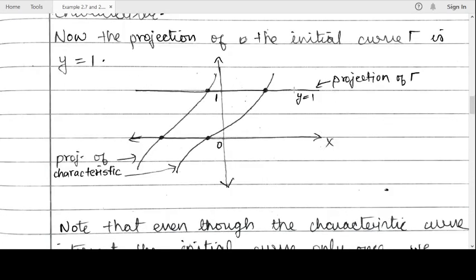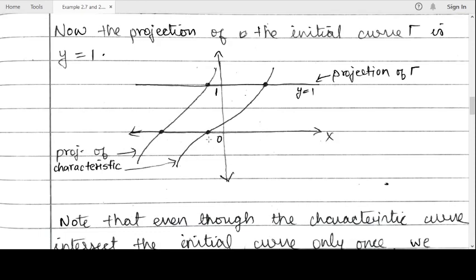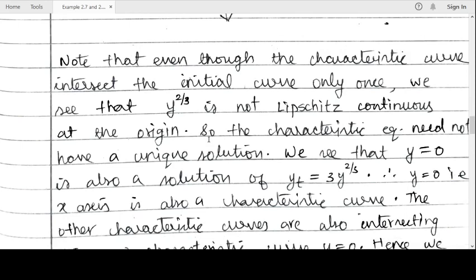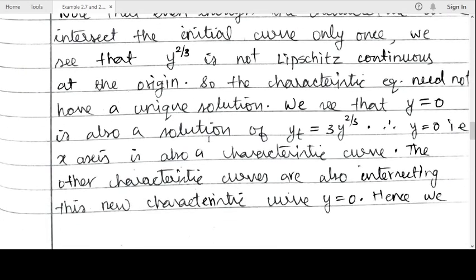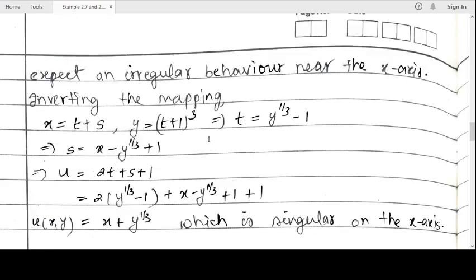The x-axis is also a characteristic curve, so characteristic curves are again intersecting another characteristic curve, which will create a problem. The characteristic curves are intersecting this new characteristic curve, y equal to 0, the x-axis. So we expect some irregularities near the x-axis.